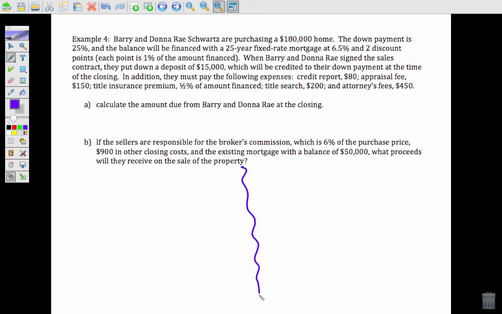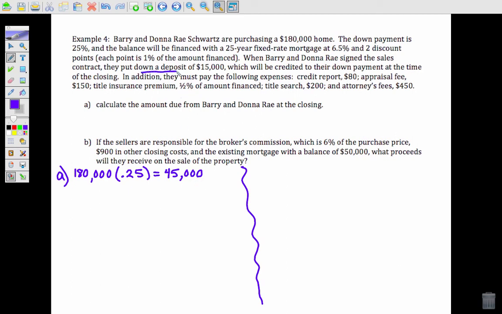But I'm going to break this up here into section A, section B. If we want to figure out how much Barry and Donna have to pay, first of all, we need to know what their down payment is. $180,000 times 25%, and that is $45,000. Okay, they're putting down $45,000.